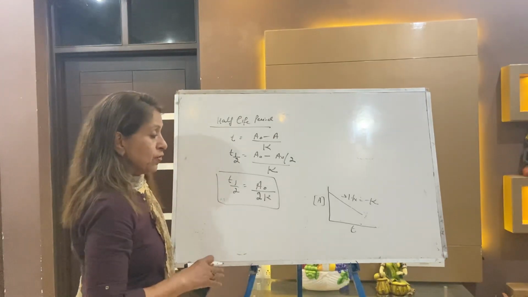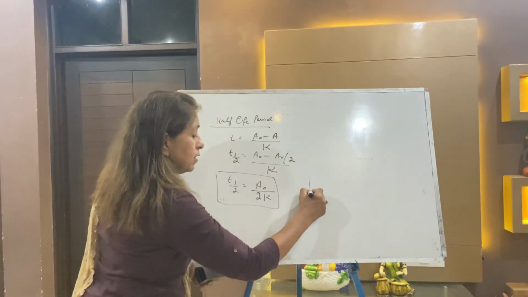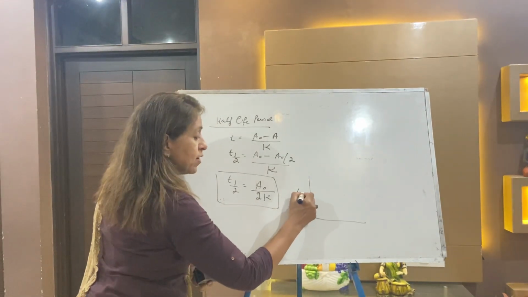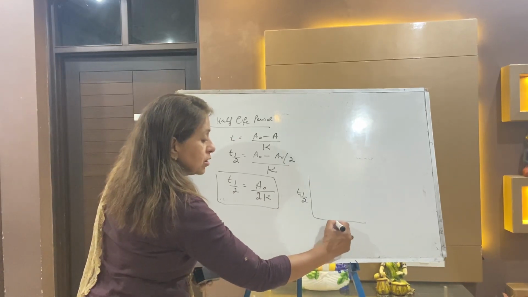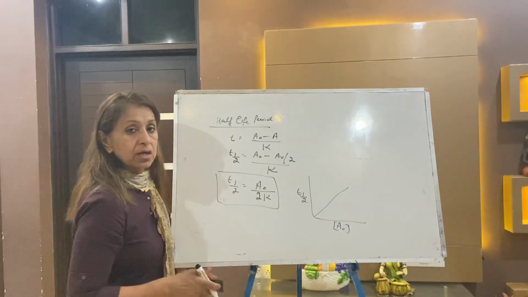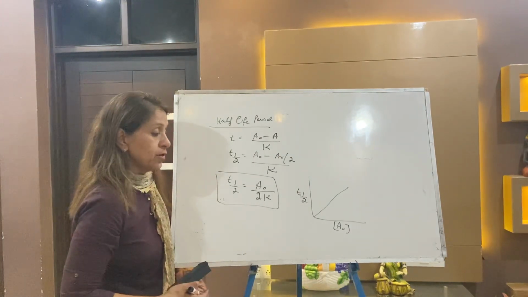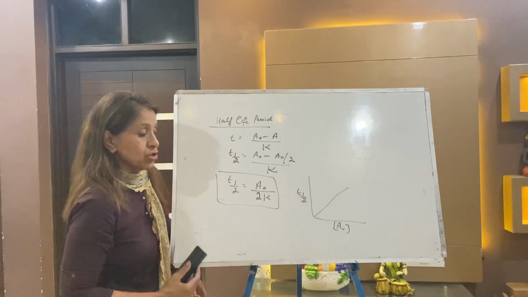Half-life. Now if you plot a graph by taking half-life on the y-axis and initial concentration on the x-axis, the graph will be a straight line. So, a very important question: half-life of the zero order always depends upon the initial concentration.